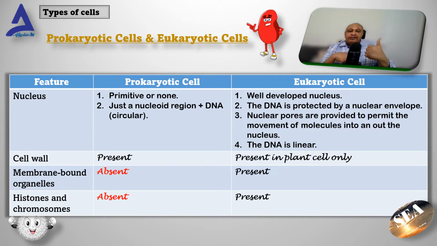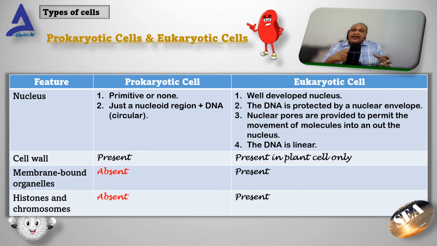So pro means at the beginning, or primitive, or before, and karyot means nucleus. Eukaryotic: eu means true, and karyot means nucleus.